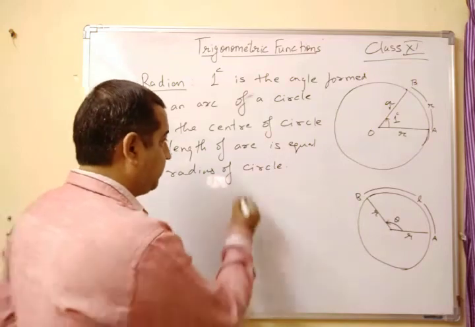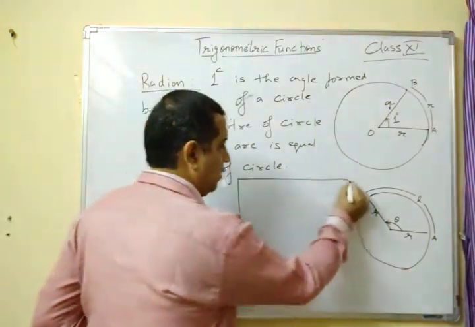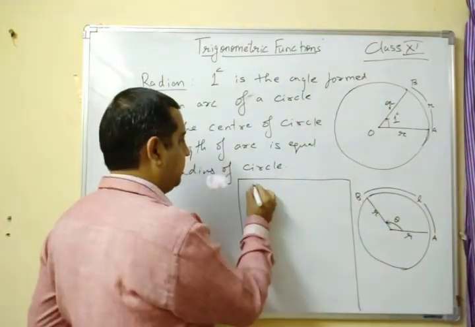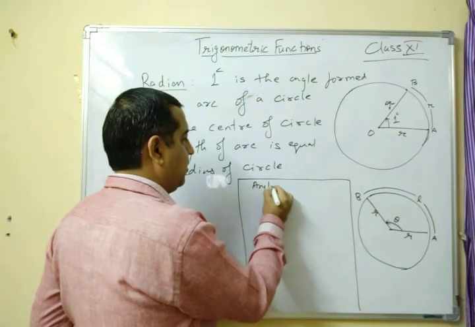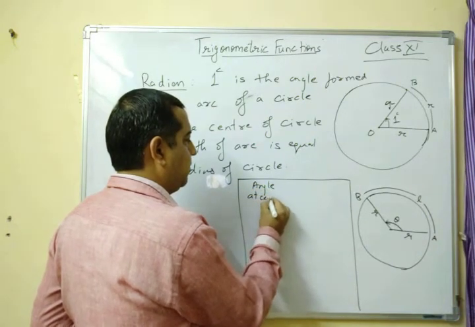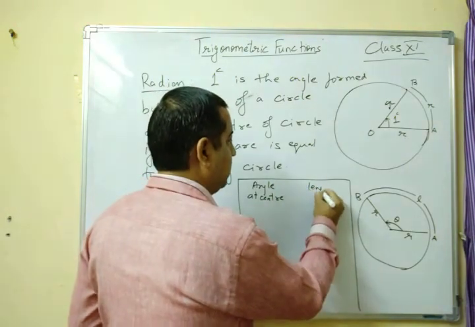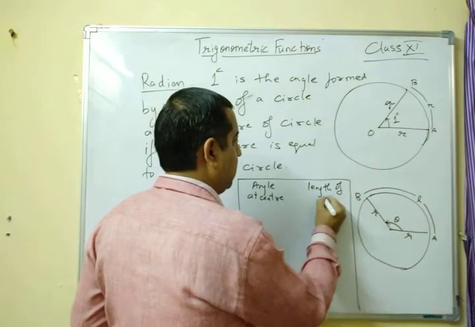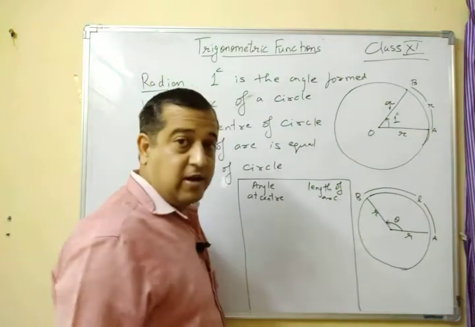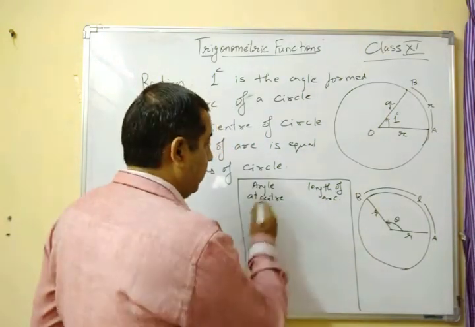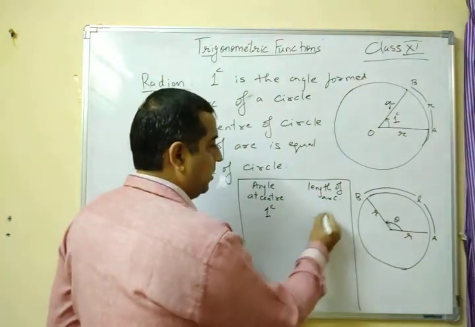Now see, please see, angle at center and length of arc. If the angle at center is 1 radian, then the length of arc is r.